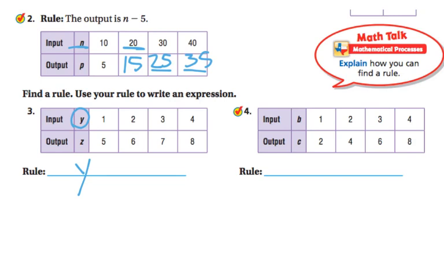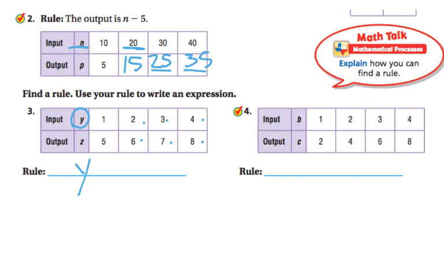So my number got bigger. The second one, I started with a 2 and I ended with a 6. My number got bigger again. The third one, I started with a 3 and I ended with a 7. My numbers keep increasing. And for the last one, I started with a 4 and I ended with an 8.